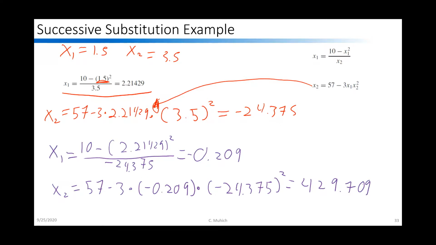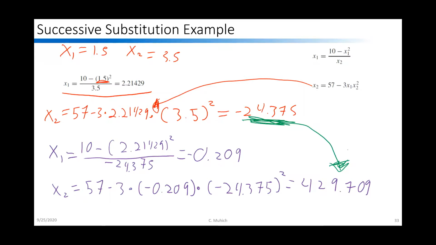Well, we're in trouble. If I look at my answers, you'll see that we're starting to diverge. My guess for x2 was 24 after the first round. Now I'm at 429. So I went from 3.5 to 24, that's a change of 20.